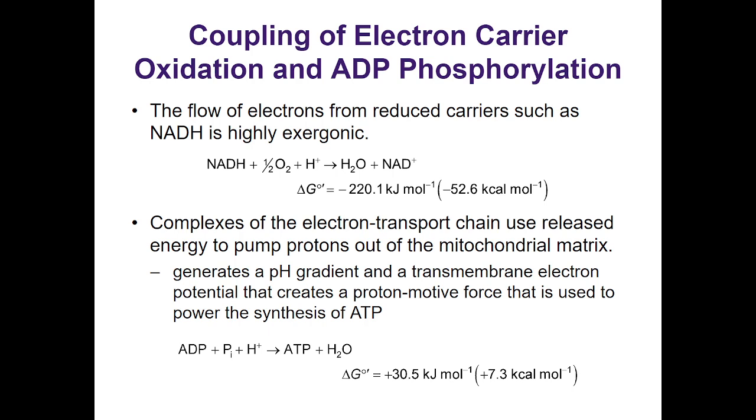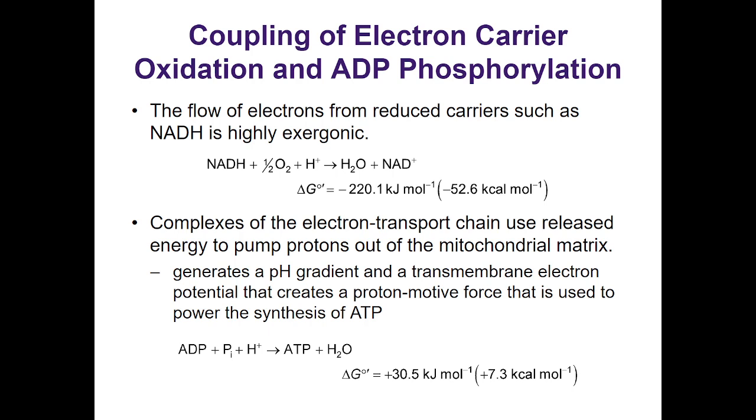There you go. In case you forgot. Now, note that this number is what compared to that number? A lot smaller, right? Okay? Which is why you don't just generate one ATP for every NADH you consume, right?